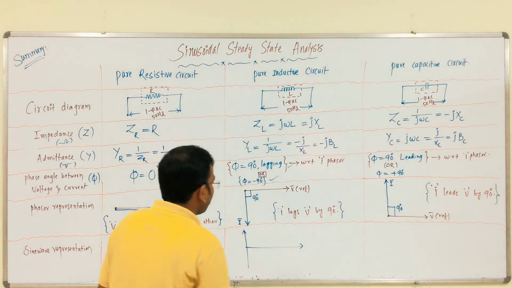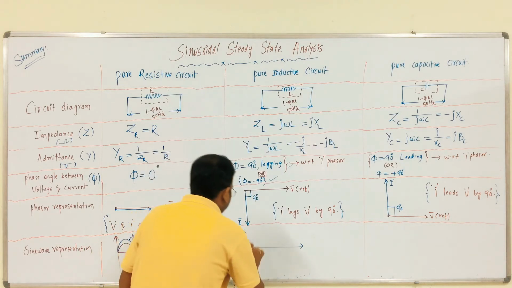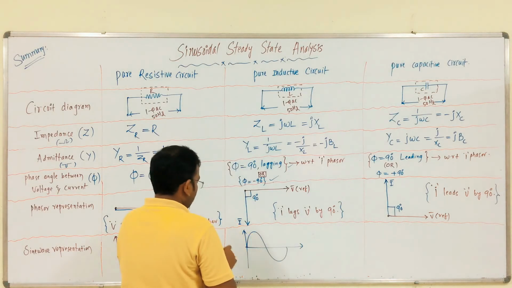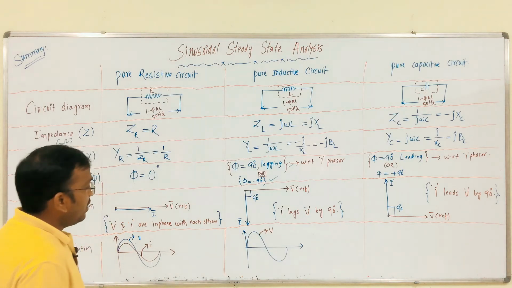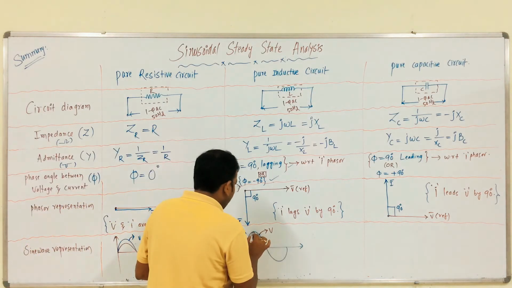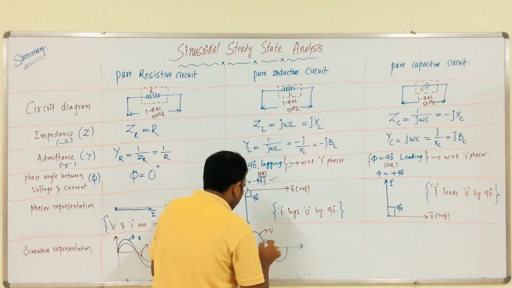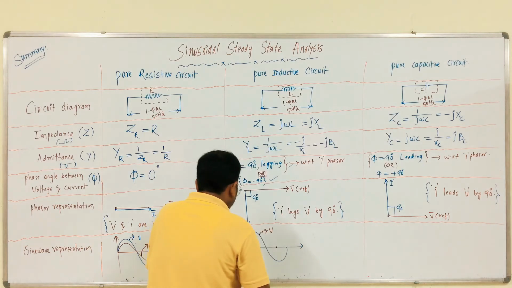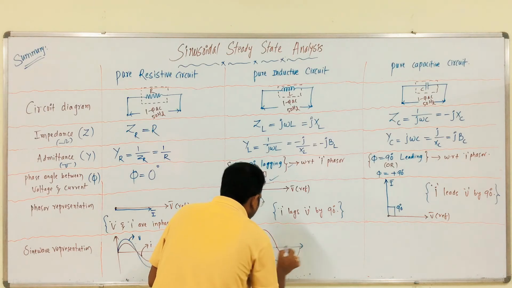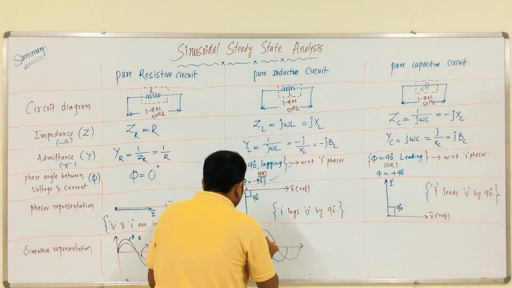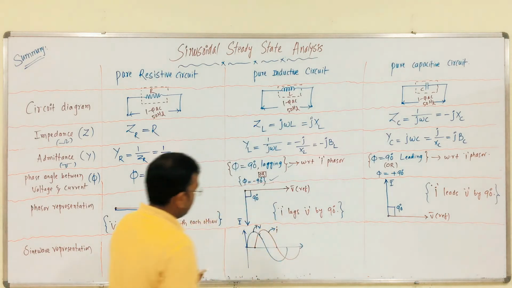So, coming to this, current lags voltage by 90 degrees. For example, here this is the voltage. Current lags voltage by 90 degrees means at 90 degrees of voltage we are going to get the current waveform. That is the meaning, right? Clear? So, this is voltage, this is current.